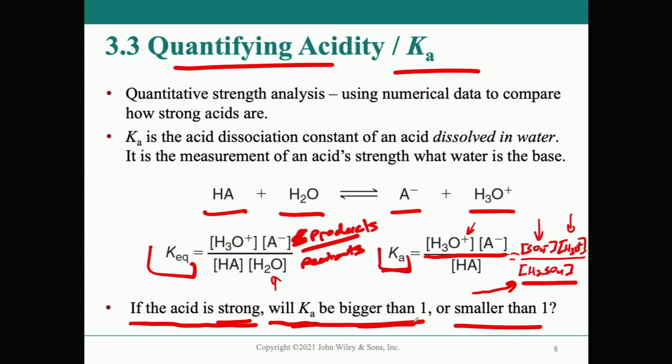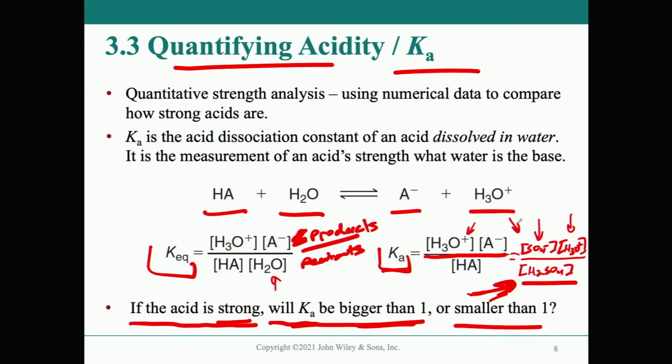But say you have the opposite. Then most of the stuff stays unionized. A good example of a weak acid would be acetic acid. It would stay in the denominator as unionized, and up here in the numerator where the ionized stuff is, that number would be really small.